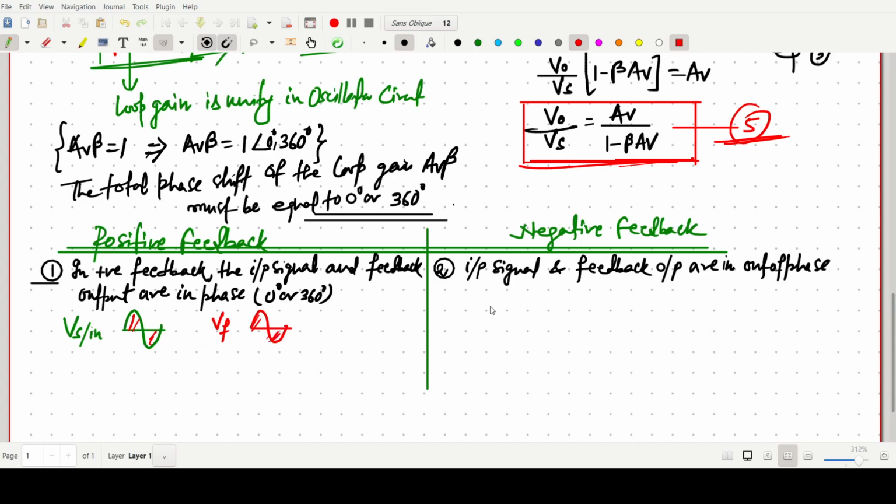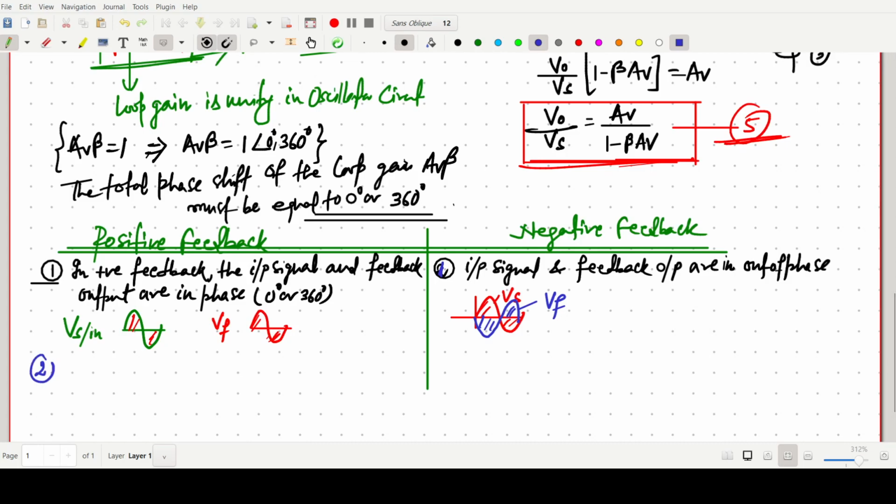But in negative feedback, if the input is Vs, the Vf will be out of phase.